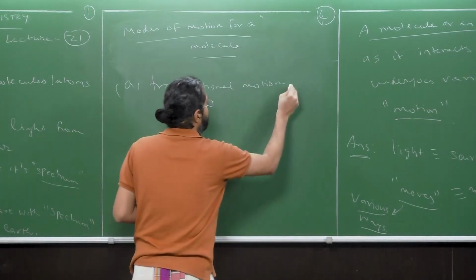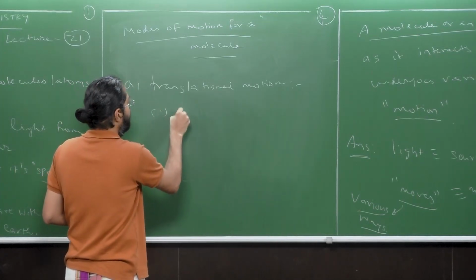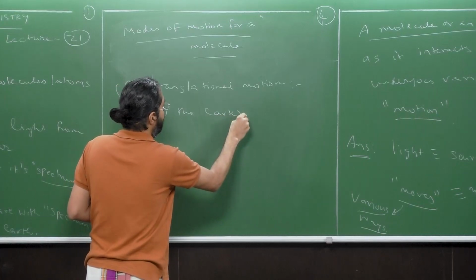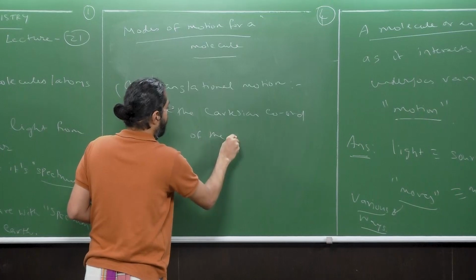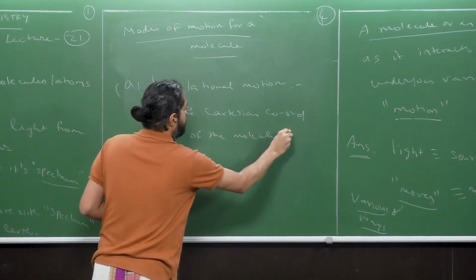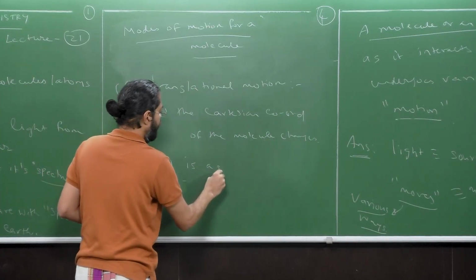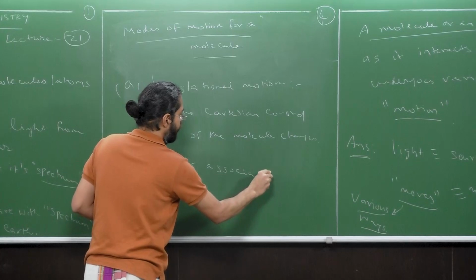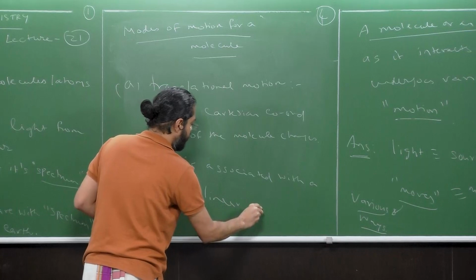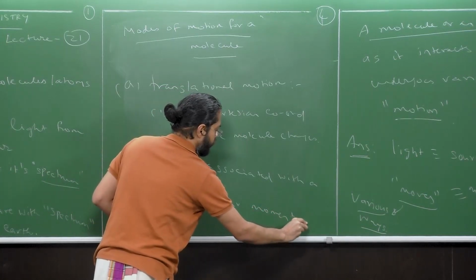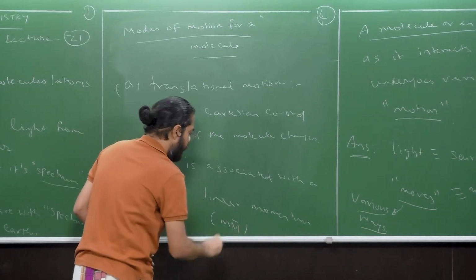So translational motion is understood as the motion where the Cartesian coordinates of the system, of the molecule, change and is associated with a linear momentum whose magnitude is given by m mod v.